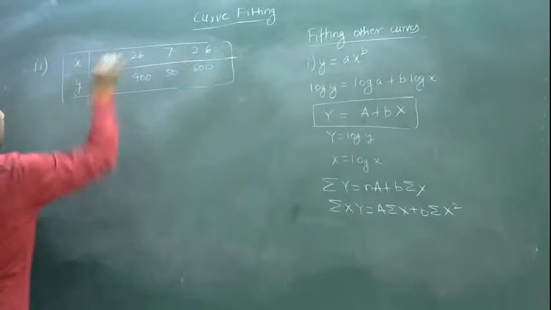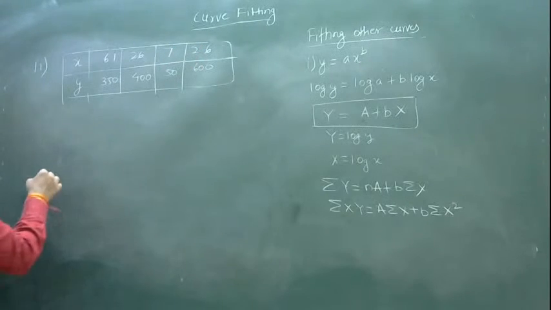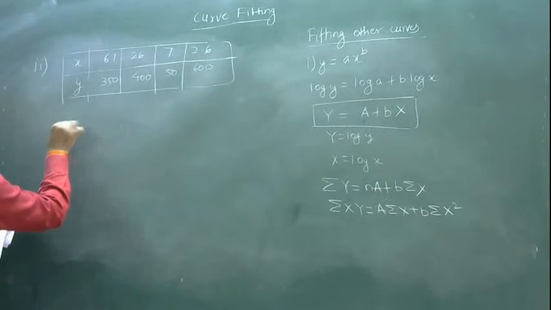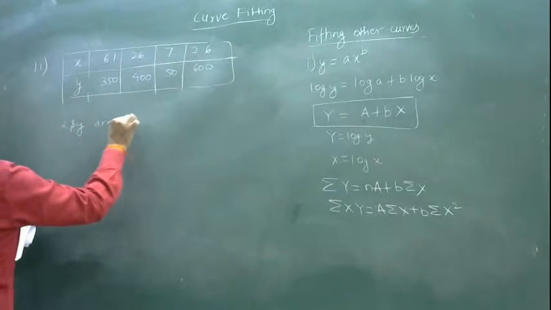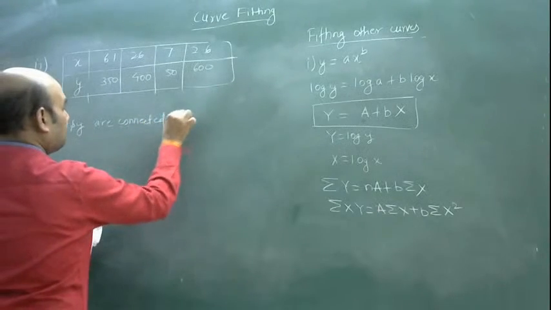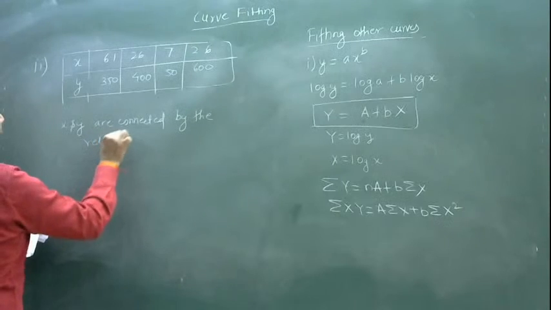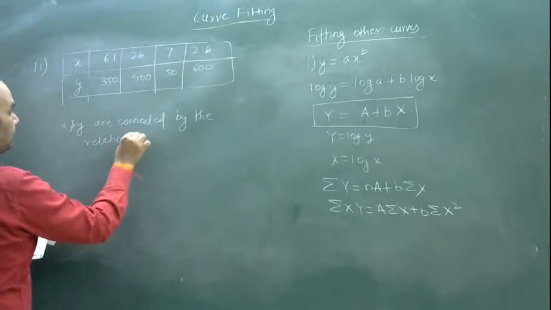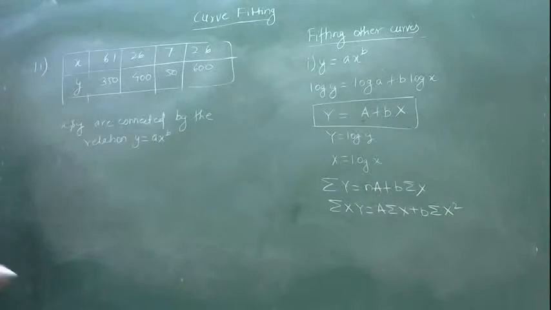So these are the values of x and y, and x and y are connected by the relation y is equal to a x to the power b.